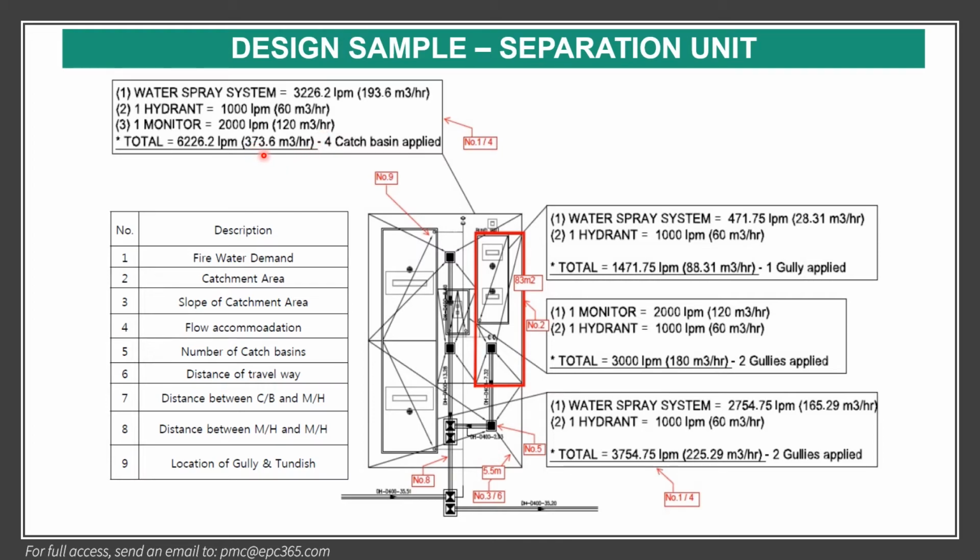Total is 373, divided by 120, so 4 catch basins are defined in this area, with the slope and with the criteria, as I said, of the maximum distance from the catch basin to the source of the release, and the catch basin to manhole. This was the design of the installation.